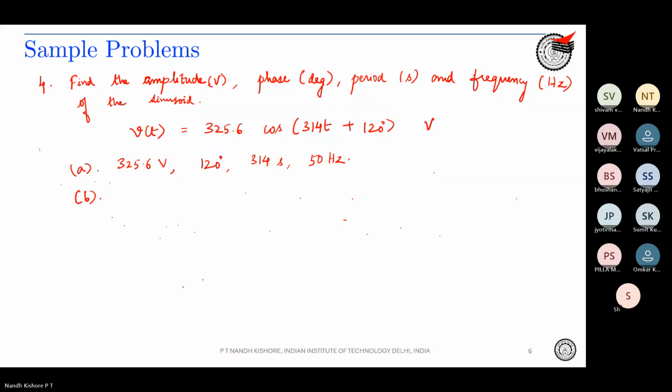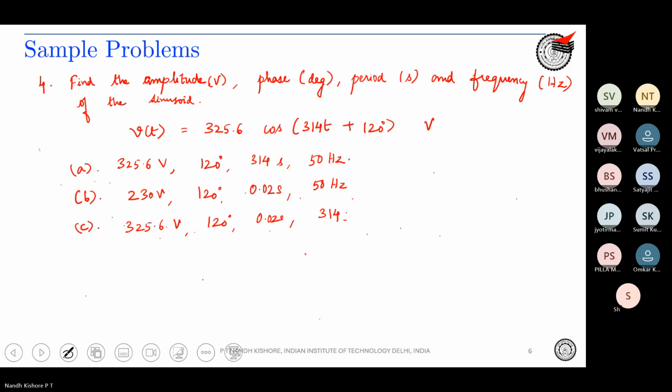B, 230 volts, 120 degrees, 0.02 seconds, 50 hertz. C is 325.6 volts, 120 degrees, 0.02 seconds, 314 hertz.